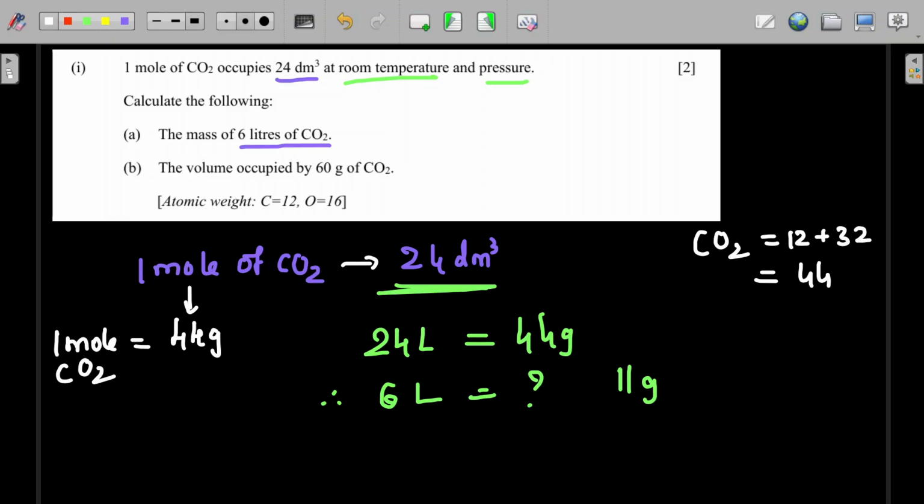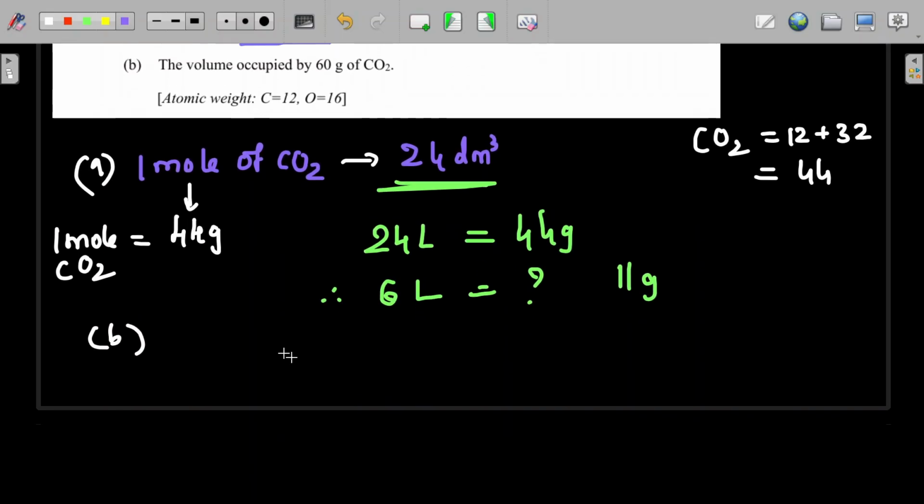Okay? Second part. This is A. The volume occupied by 60 gram of CO2. Now you should find what is the value of 60 gram, means how many moles of 60 gram. One way is you can take directly gram to gram. That is 44 gram occupies, they have given 24 dm cube.